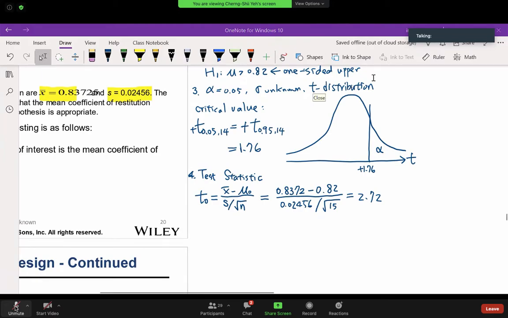Okay, real quick. Critical value. Actually, I will write this down here. So, critical value in Excel.